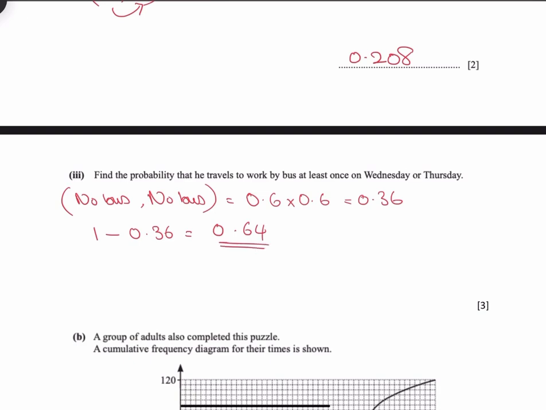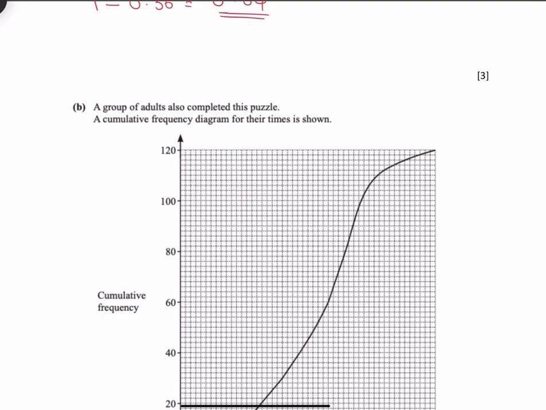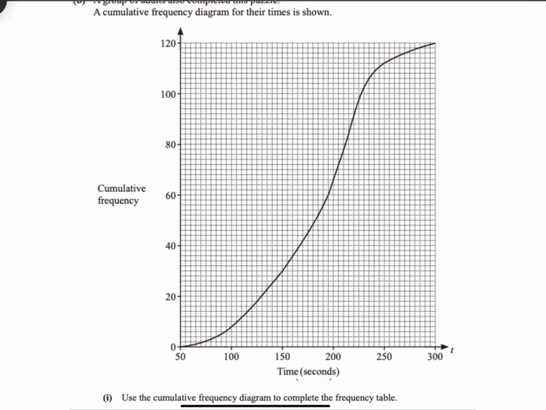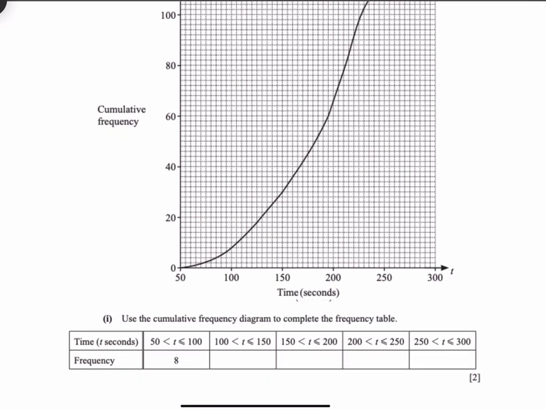Okay, going to section B. A group of adults also completed this puzzle. A cumulative frequency diagram for the times is shown. Okay, so here we want to complete the frequency table. So first of all, from 100 to 150, we're going to focus on the 150.